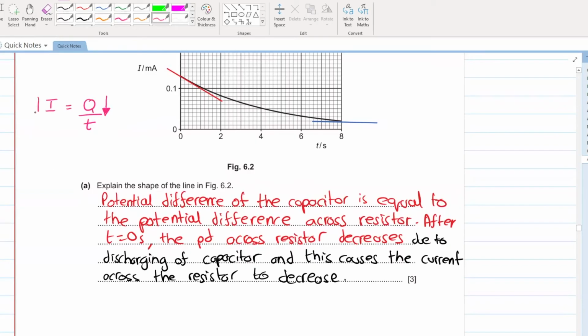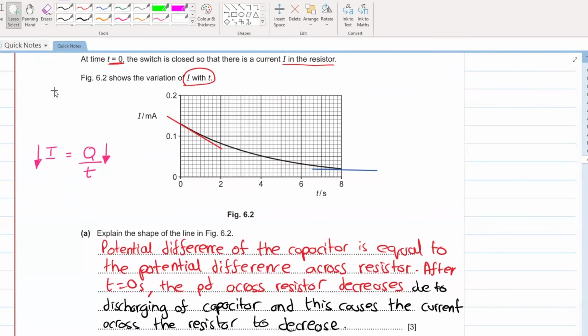This causes the current to decrease at a decreasing rate. Do you get this one? If you don't, analyze the second logic behind it.